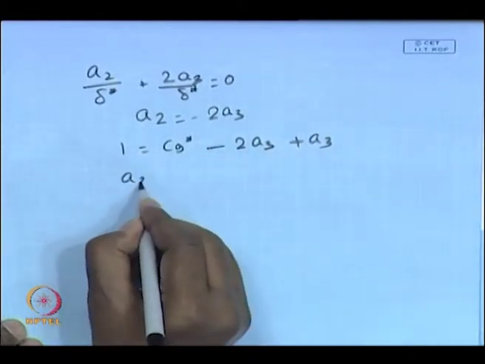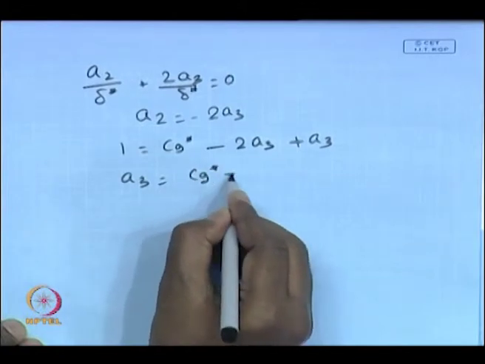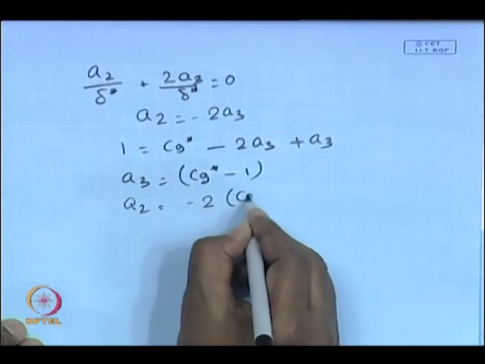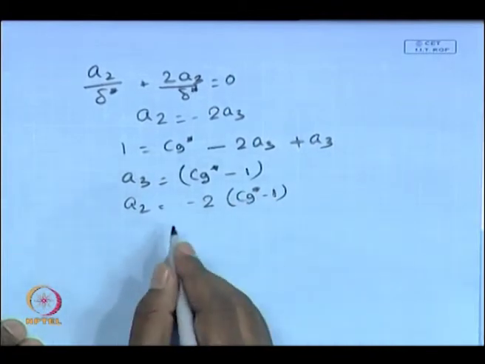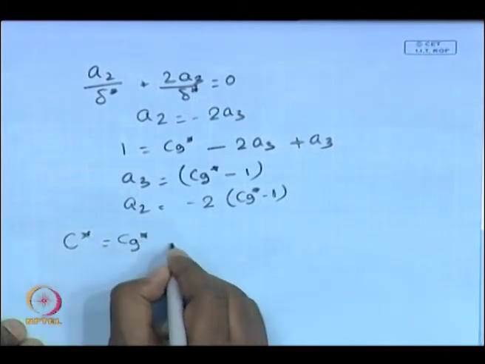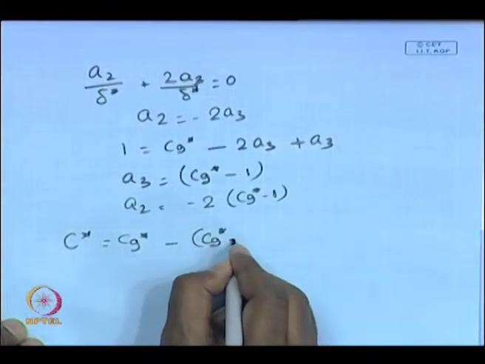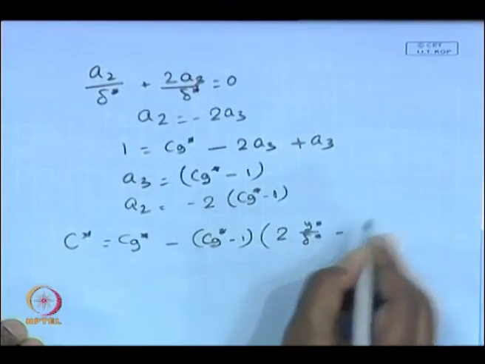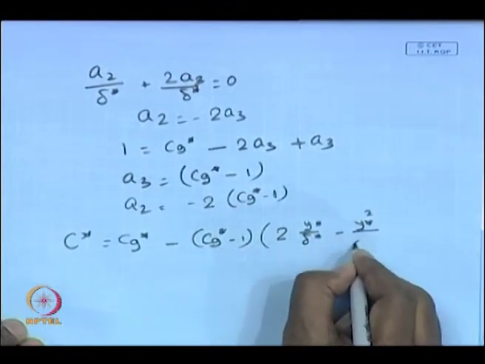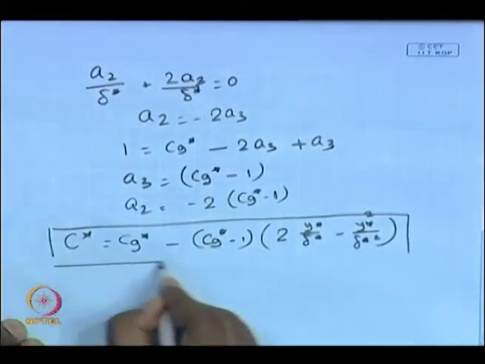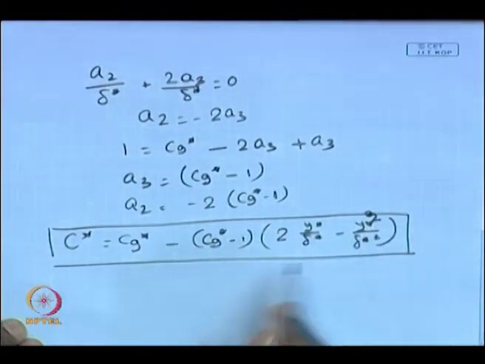So, you will get A3 is equal to Cg star minus 1 and A2 is equal to minus 2A3, that is minus 2 times Cg star minus 1. So, the concentration profile you are going to get is C star equal to Cg star plus Cg star minus 1 times 2 y star by del star minus y star square by del star square.